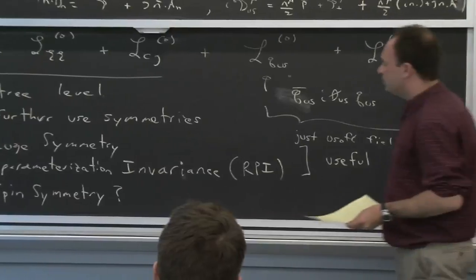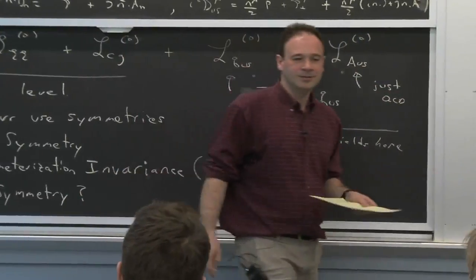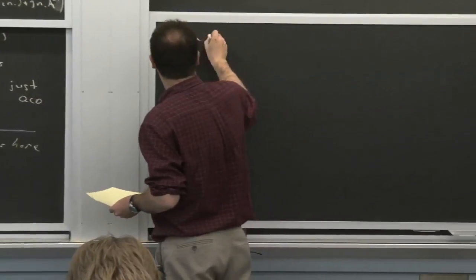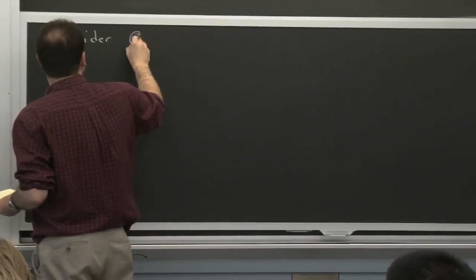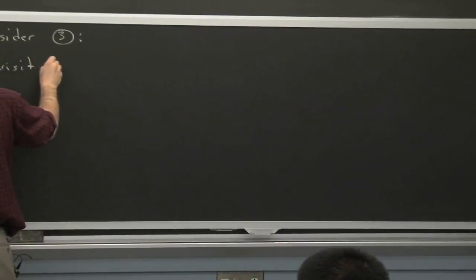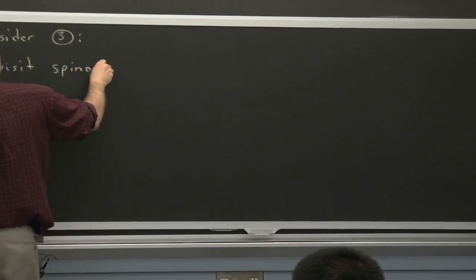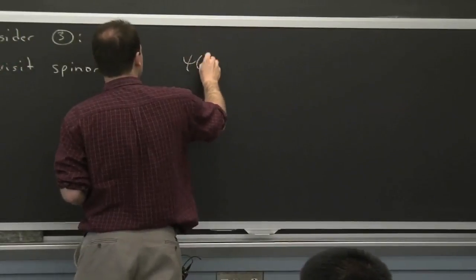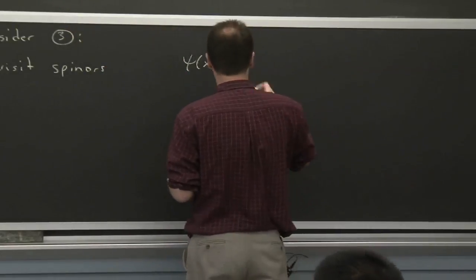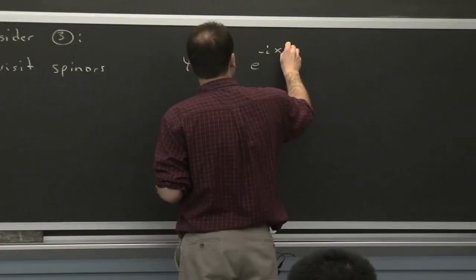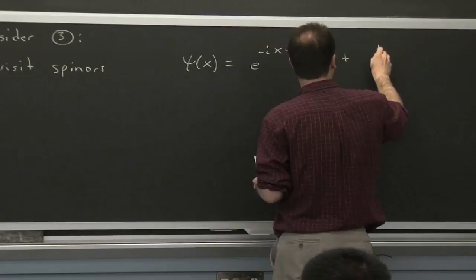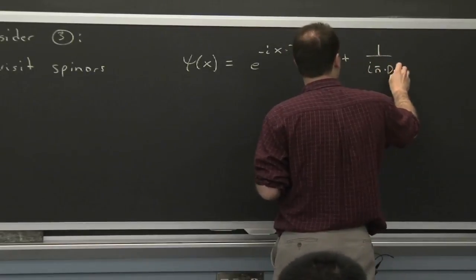So let's actually first dispense with the one that in some sense is the least important, this number 3. So first, let's revisit our spinors a little bit. If I put together the information that we talked about when we derived the equation at the top of the board there for the Lagrangian, we worked out that at tree level, we have this formula that relates the fields.